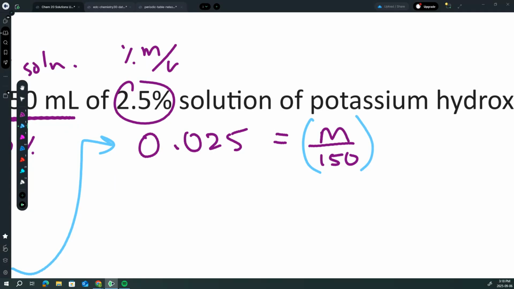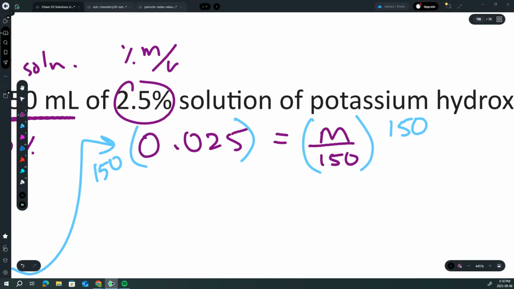Because the denominator is doing the dividing, you have to do the opposite. So you have to multiply by the denominator. So 150, what I do to one side, I have to do to the other. So 150 times 0.025 is going to give me 3.75.